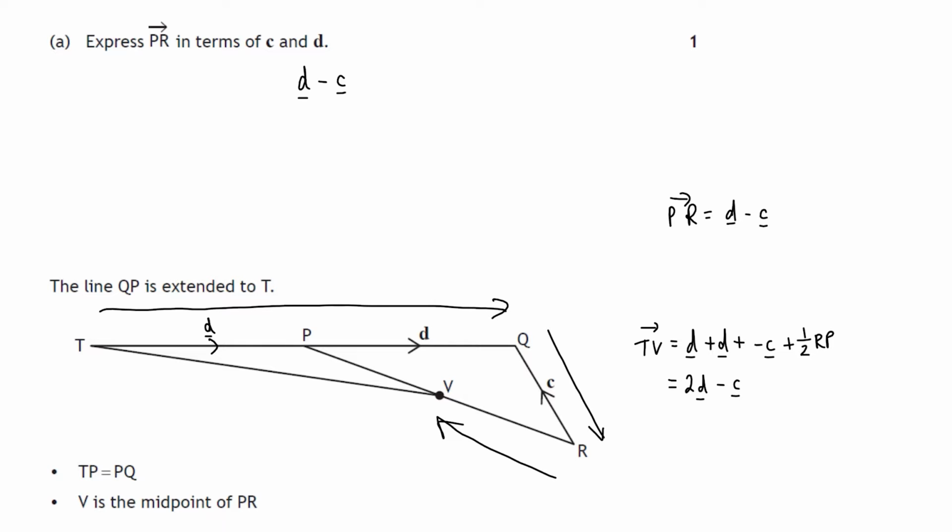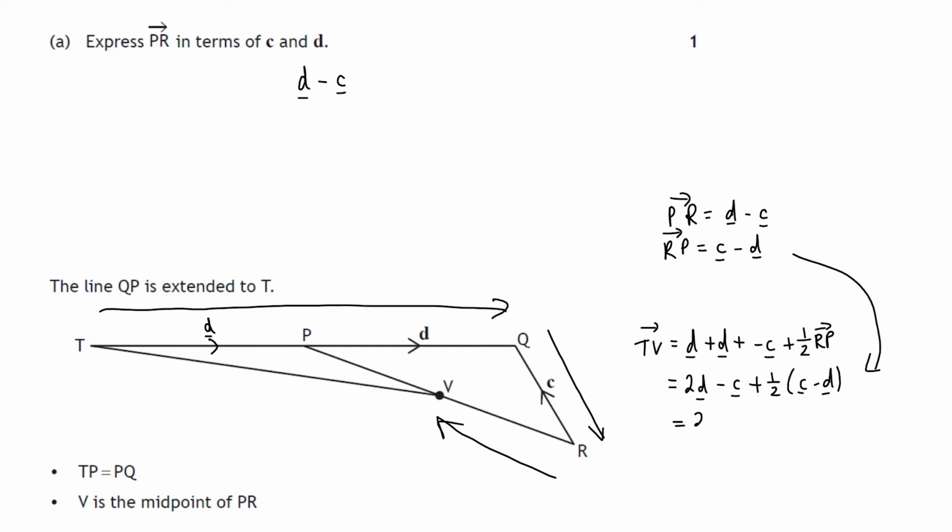So if we want the vector RP, that would be going the opposite direction. So that would be positive C and minus D. You can see that in the diagram, C minus D. So we've got an actual expression here for the vector RP. So we've got a half of C minus D. Pop that in there.